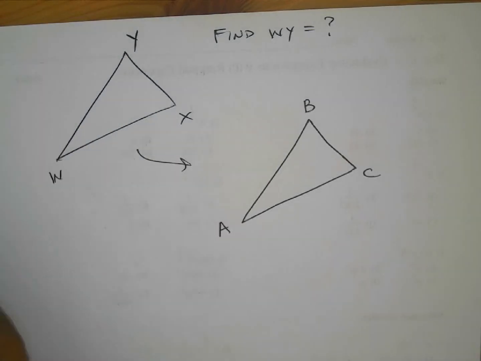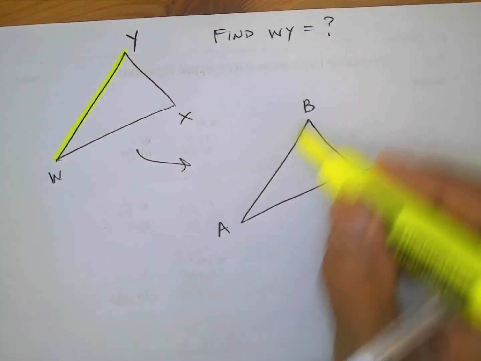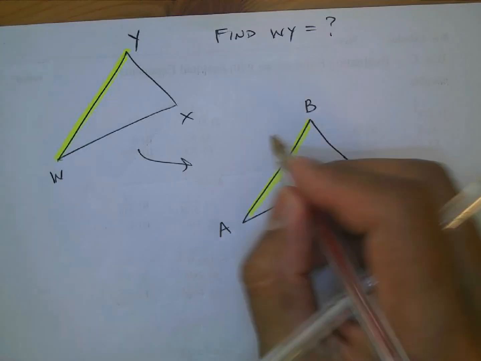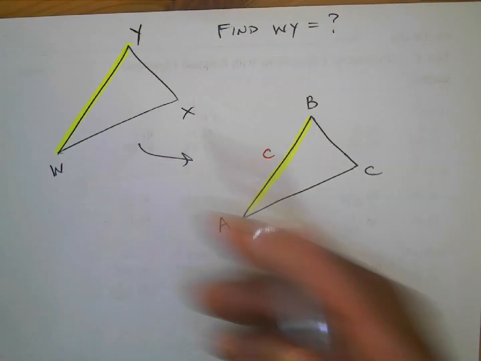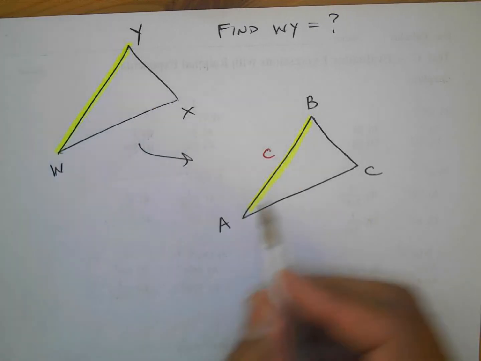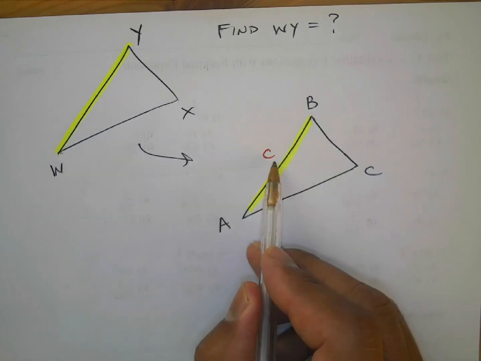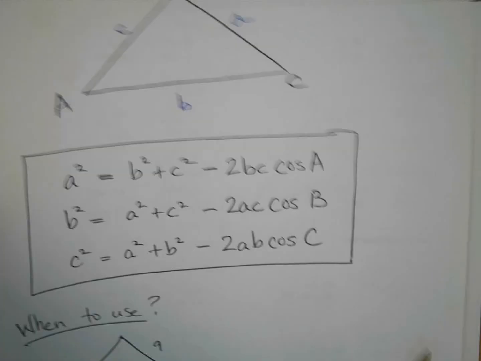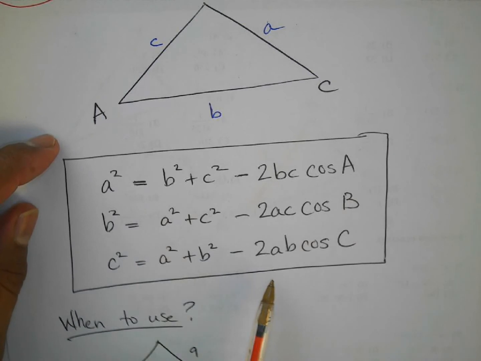WY would actually be what? This side WY is this one here, right? So you're actually looking for side C. I didn't put the other angle measures and I didn't put the two sides that they're going to give you. But my point is, once you know that I'm looking for side C and I have A, B, C, then I know which of these formulas to use. And then I don't have to be changing these all the time.